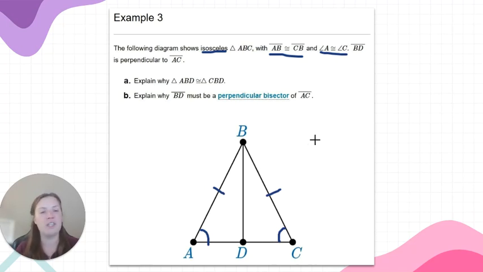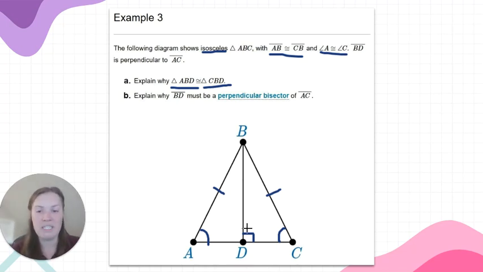The next bit of information that they give us is that BD is perpendicular to AC. What that means is that we have a perfect 90-degree angle here. We want to figure out why triangle ABD has to be congruent to triangle CBD. We are in the angle side unit, our lesson, and so there are many ways that I could show that these are congruent using the other ones, but let's focus on angle side.